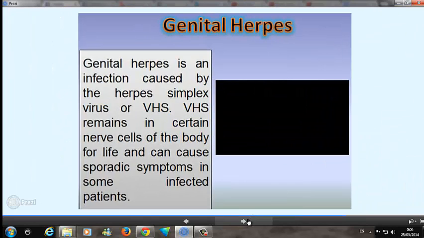genital herpes. Genital herpes is an infection caused by the herpes simplex virus, which remains in certain nerve cells of the body for life and can cause sporadic symptoms in some infected patients.